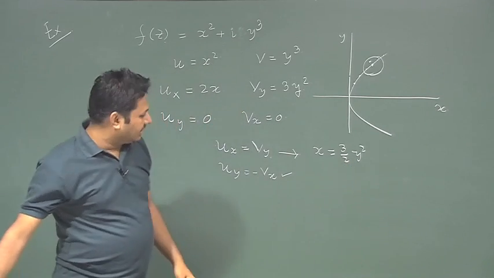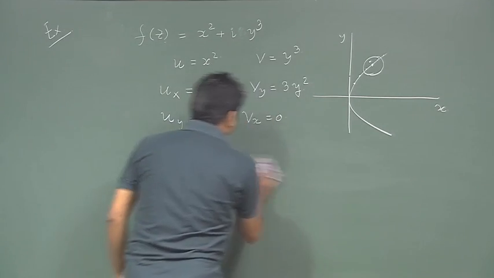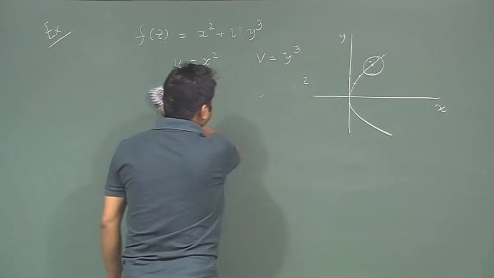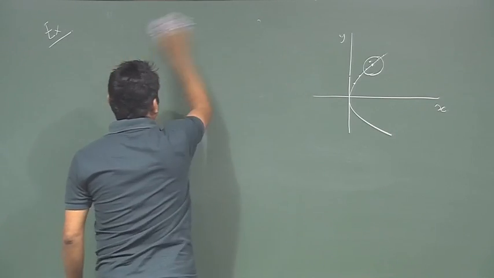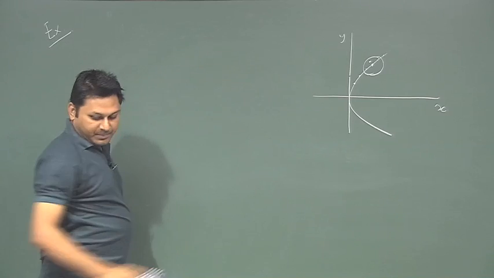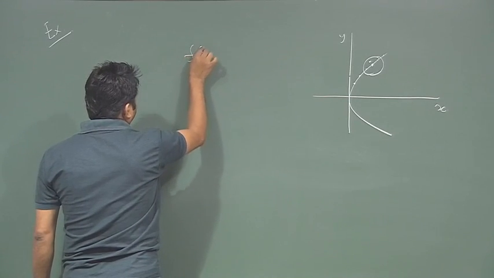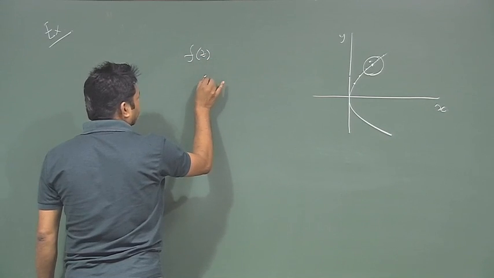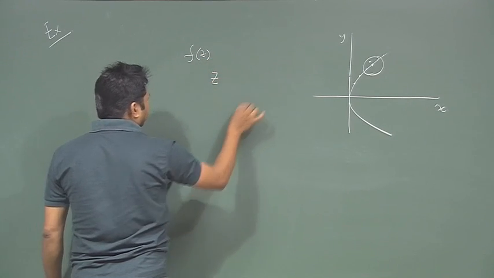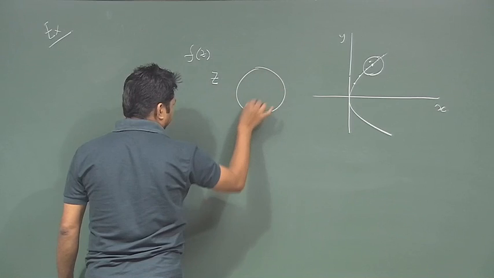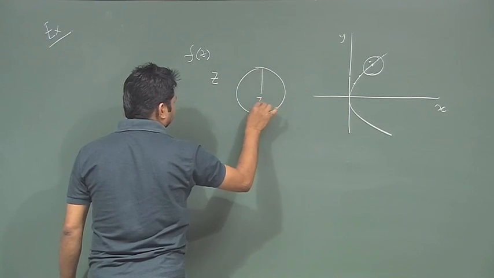So the basic condition for the function to be analytic is not valid here. And what is the basic condition? If you remember, during the definition I mentioned that the function f(z) will be analytic at point z and also in some neighborhood of z.